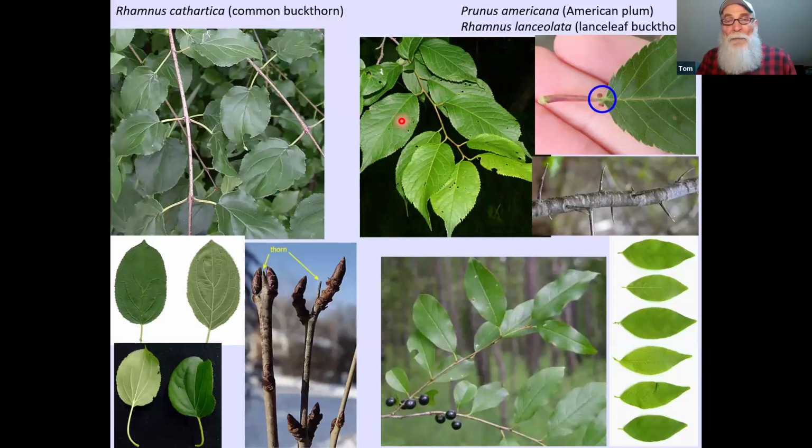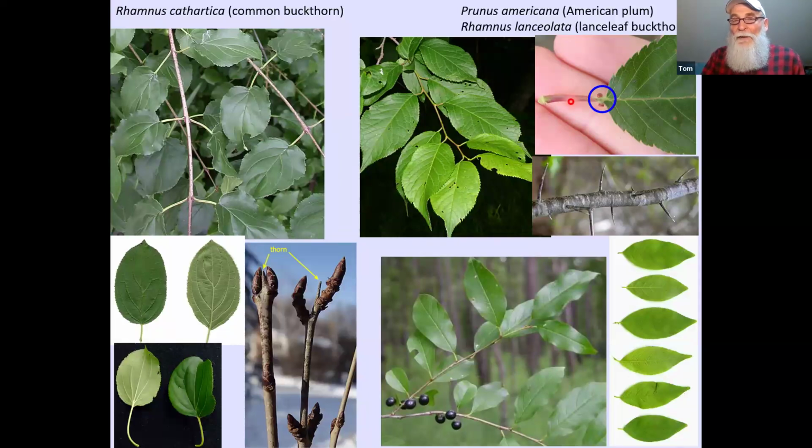And remember that in many of the Prunus, there are glands that sit right at the top of the petiole, where the petiole and the blade meet. A lot of Prunus species have these glands. Prunus americana, the American plum, has these glands less often than it lacks them.